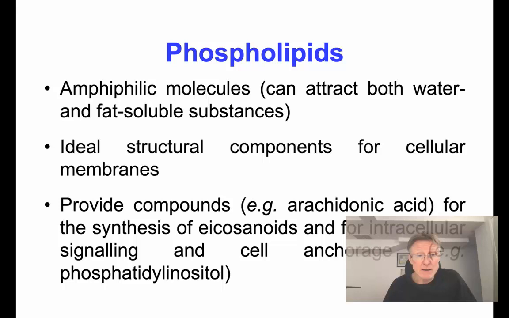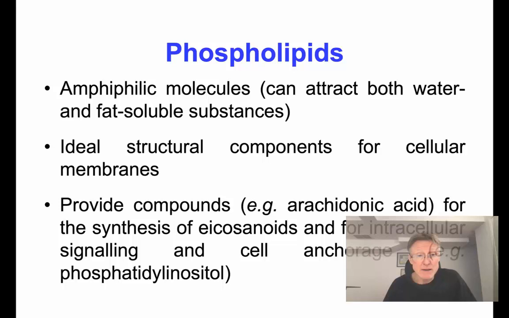This is a very important feature for cell membranes, because the membrane of a cell is a lipid bilayer, and lipids and water-soluble molecules don't dissolve in each other. So you need something in the membrane, made up of lipids, that can interact with molecules that are water-soluble and also with molecules that are fat-soluble.